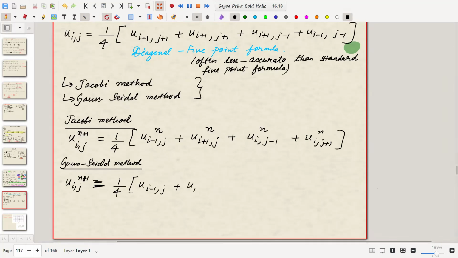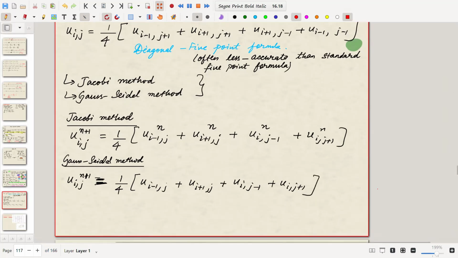Let us write all these values first, then I will show you the iterates. So basically there will be two changes. In both of them you take the value at the most recent state, n plus 1, whereas for the others it is the same, n.